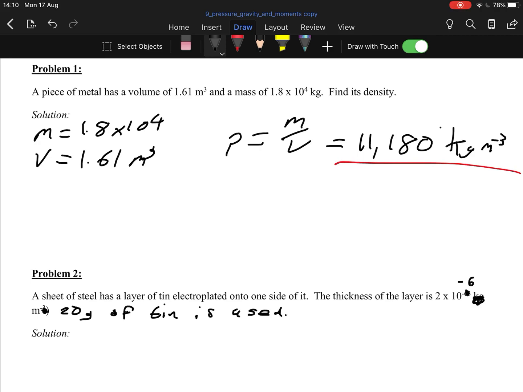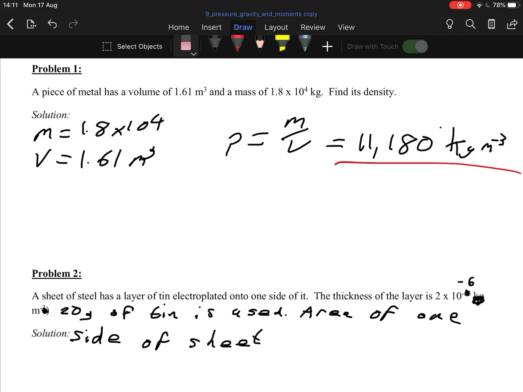So what the question is, what is the area of one side of the sheet? It's very awkward to try and write this way. I need to find a pair of gloves that won't be registered on the screen. So we have 20 grams of tin is used. The area of one side of the sheet, find the area.